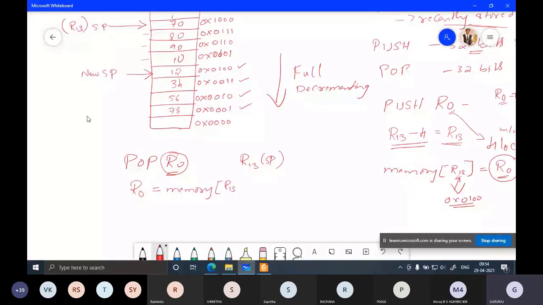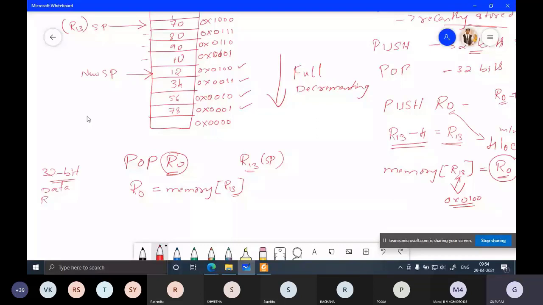So R0 will get the contents of the memory locations pointed by R13. Pop is also a 32-bit operation. Whenever it is pop, again 32 bits of data will be received or retrieved into the destination.